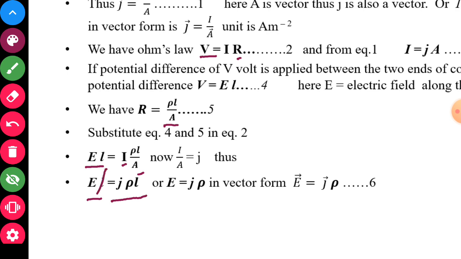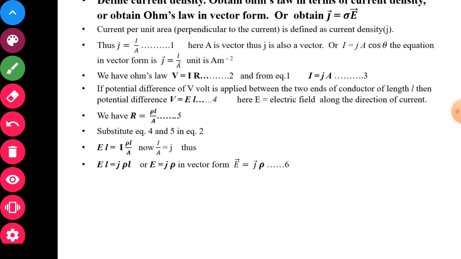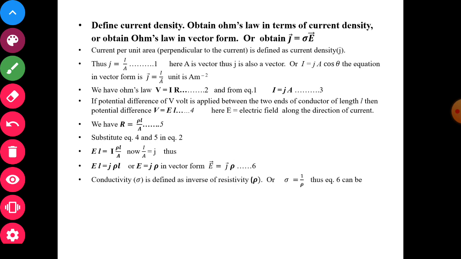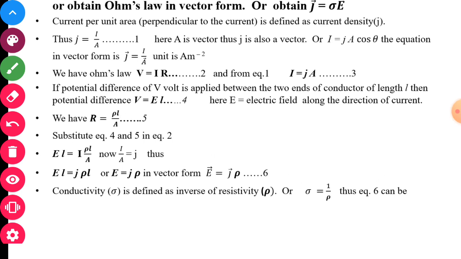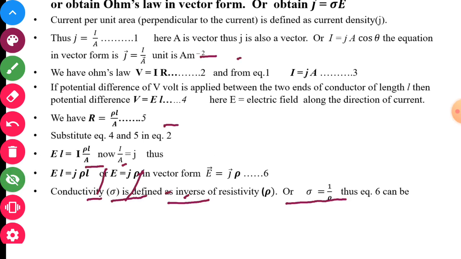Now from both sides L will be cancelled out, so we can write E is equal to J into rho. And if you want to write this in vector form, because E is a vector quantity and J is a vector quantity, it can be written as E is equal to J rho. Now conductivity and resistivity are inverse of each other, or we can define the conductivity as inverse of resistivity.